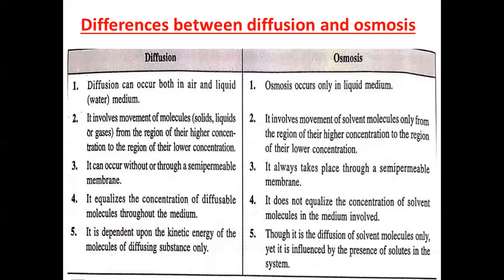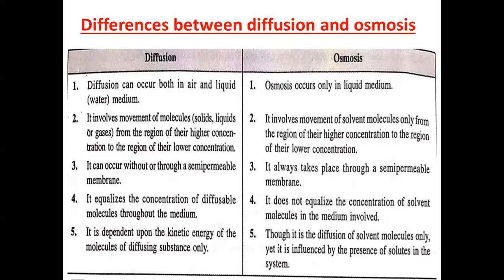Now third one, it can occur without or through a semi-permeable membrane. In case of osmosis, it always takes place through a semi-permeable membrane. Diffusion equalizes the concentration of diffusible molecules throughout the medium. In osmosis, it does not equalize the concentration of solvent molecules in the medium involved.